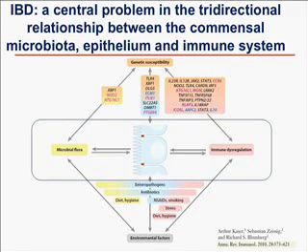I'm not going to talk about the genetics because I'm sure Ramnik is going to give a wonderful presentation tomorrow. He's much more expert in that than myself. But what I'd like to focus my attention on is this abnormal relationship between the microbial milieu, the epithelium, and the immune system.